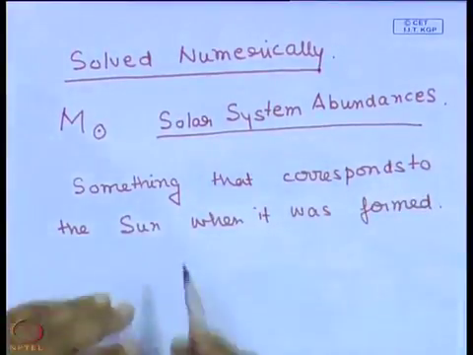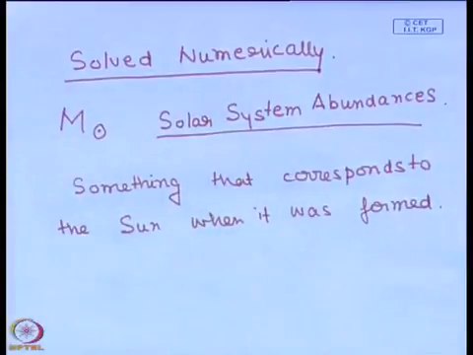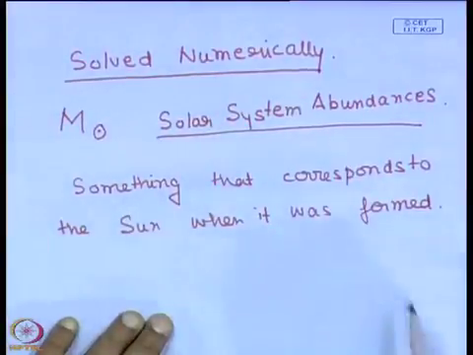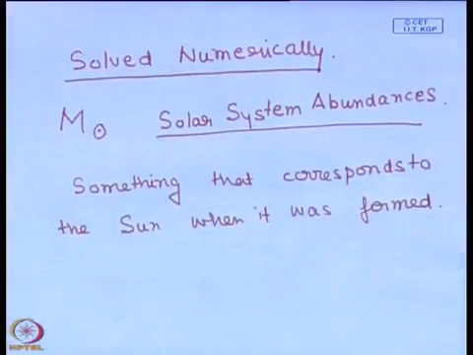Because you have started off with the initial composition of the sun and you set up these equations and solve it, people actually are able to reproduce something that people believe is what the sun looked like when it was formed.